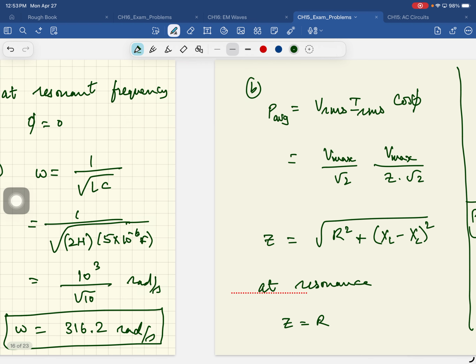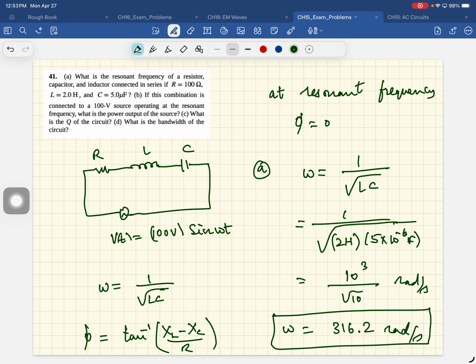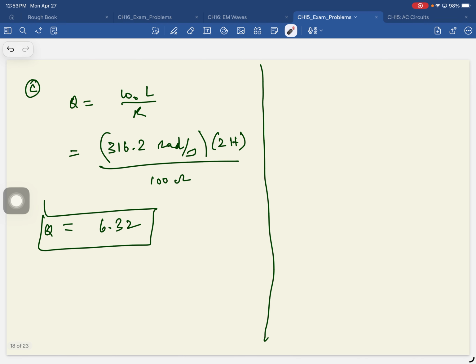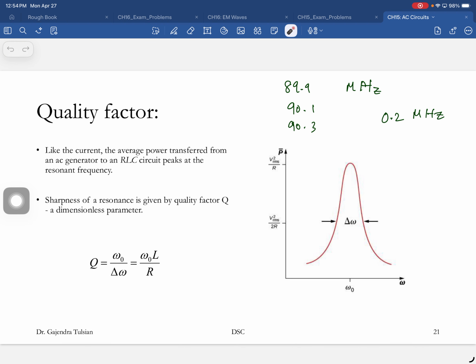And then D, the bandwidth of the circuit. Okay, so we found the quality factor. We know the resonance, and we can calculate the bandwidth.